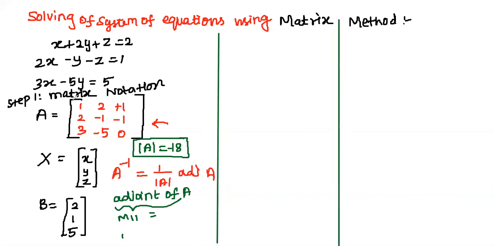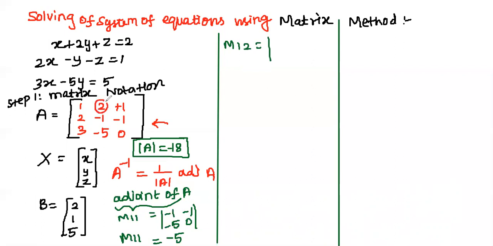M11 is minus 1, minus 1, minus 5, 0. So you'll be getting minus 5 as the result for M11. Do it parallelly, read all. And what is M12?